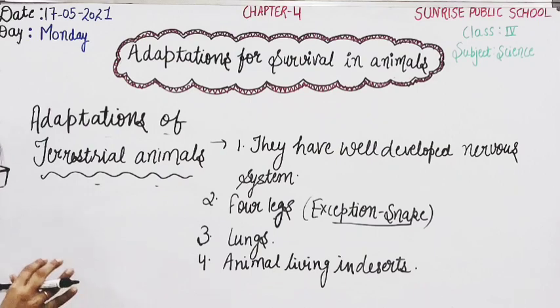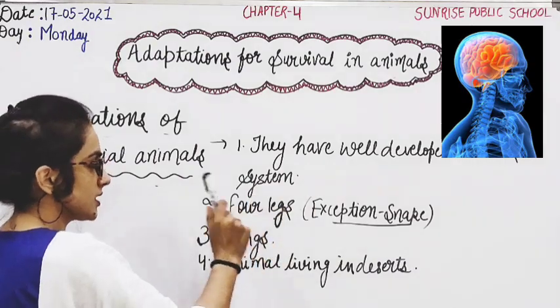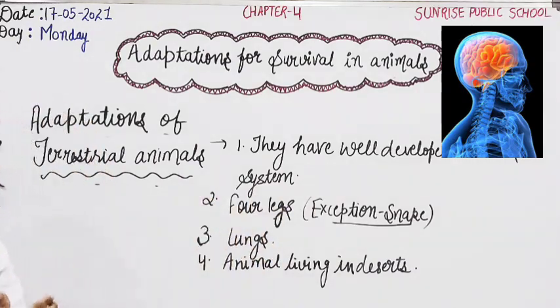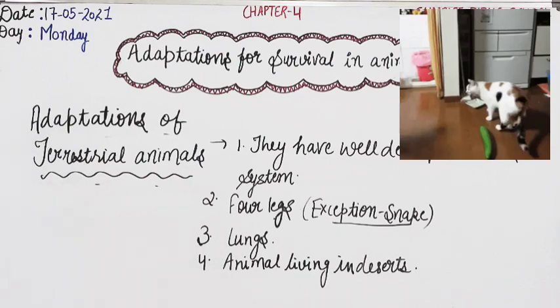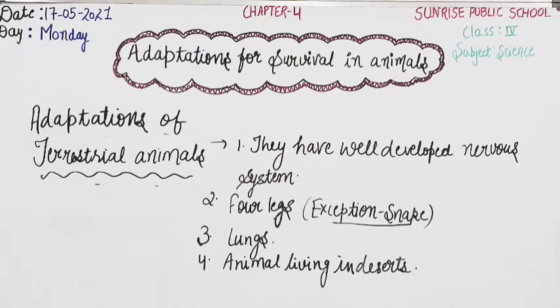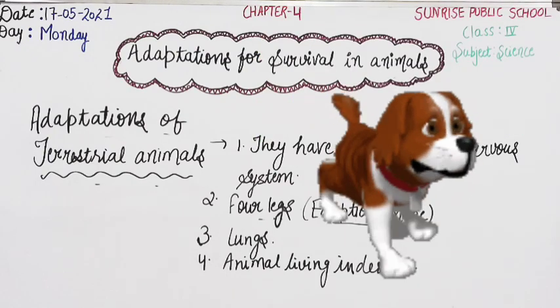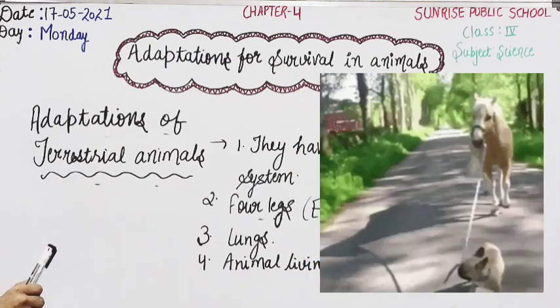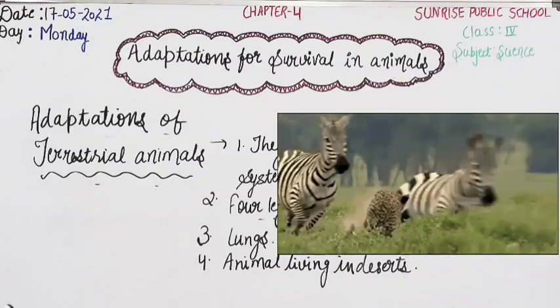There are various kinds of adaptation of terrestrial animals. They have a well developed nervous system, meaning a very well developed brain which enables them to sense changes in their surroundings. Most of them have 4 legs which help them to walk, jump and move on land, to hunt and defend themselves.